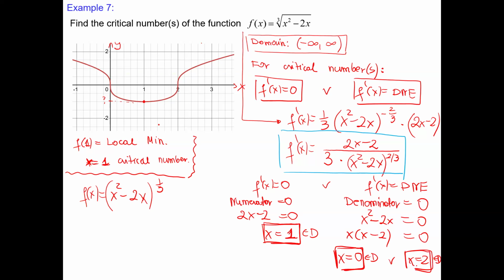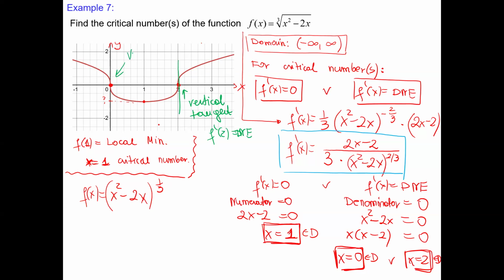Let's see what happens at 2 and at 0. We do have a vertical tangent, and of course the derivative at 2 is undefined, DNE.